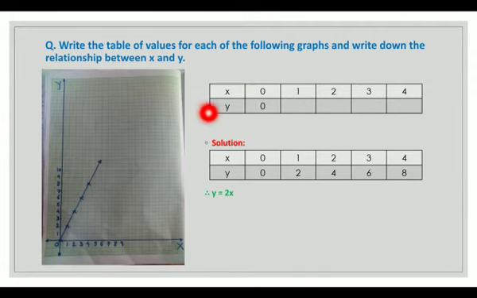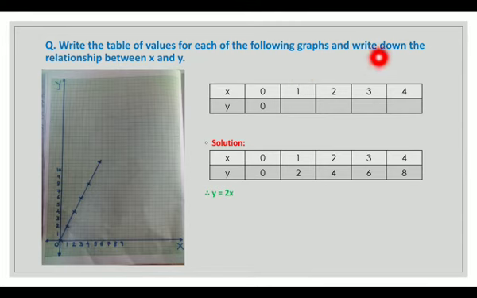We need to find the y coordinate from the graph. So when x is 0, y is also 0. But when x is 1, what is the y coordinate? When x is 1, y is 2. When x is 2, y is 4. And when x is 3, y is 6. And when x is 4, y is 8. So I have got the y coordinates by looking at the graph.